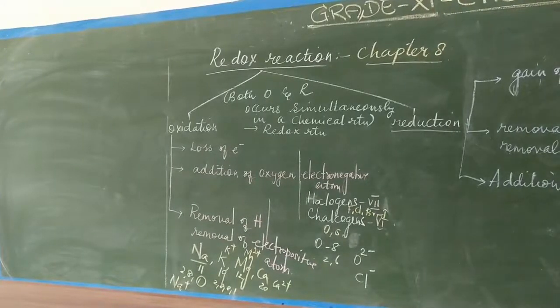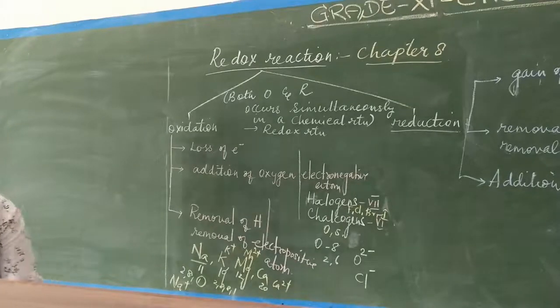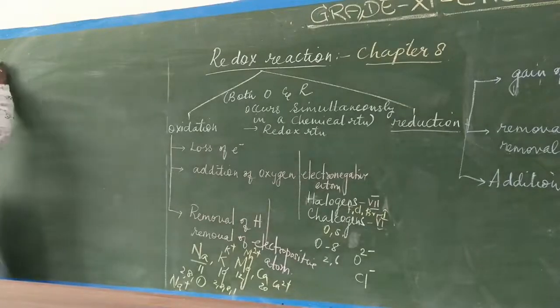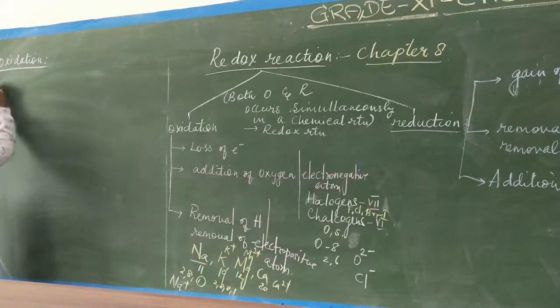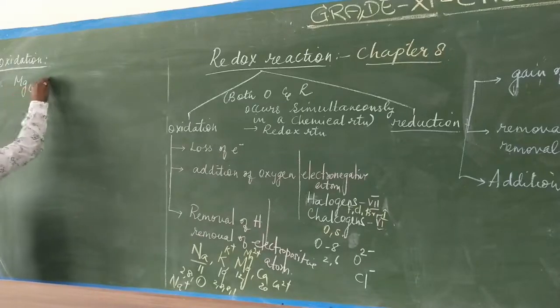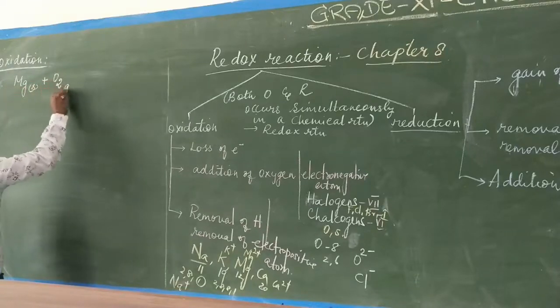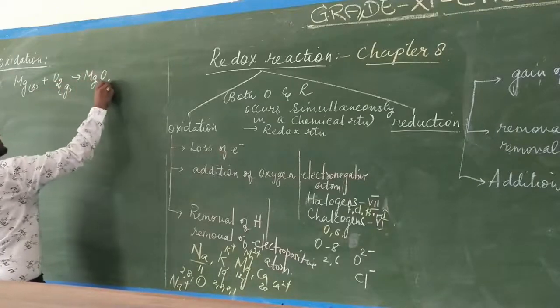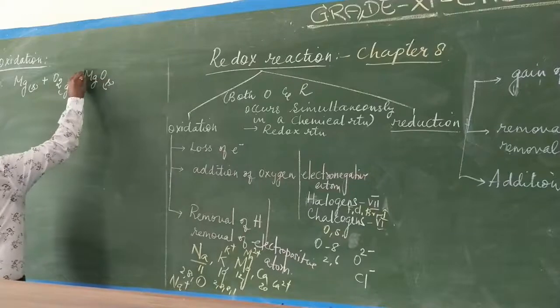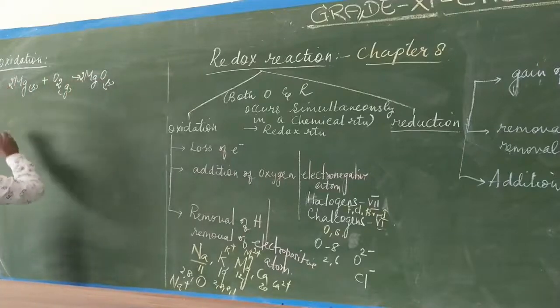Now you see what is the first. We will write examples for the oxidation process. Now magnesium combines with oxygen, giving rise to the formation of magnesium oxide. One example.